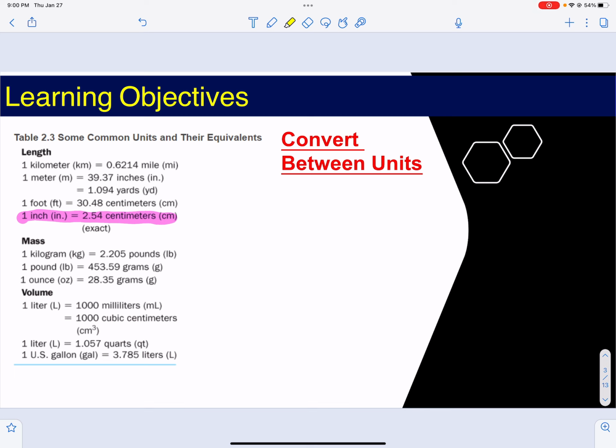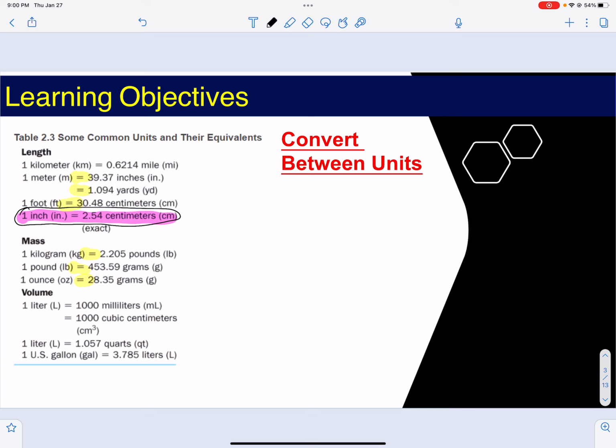And we're going to see that by using these, we call these equalities because they are equal to. So by using these equalities, we can come up with something called conversion factors. For example, like I already said, 1 inch equals 2.54 centimeters.